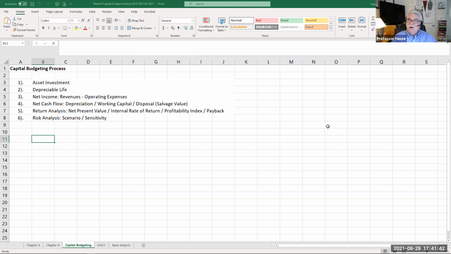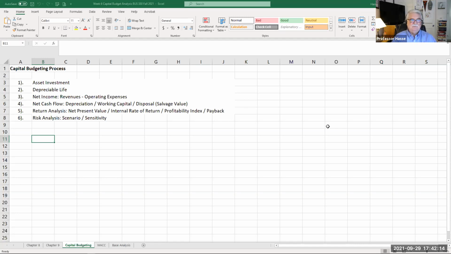I'm condensing all of that into one problem, so you don't have to worry about reading the whole chapter. It's all going to be talked about in these 6 steps. 1, what are we investing in? What are we purchasing? What equipment, what building, what land? What is our asset investment? 2, what is the depreciable life, the financial life, of this asset?